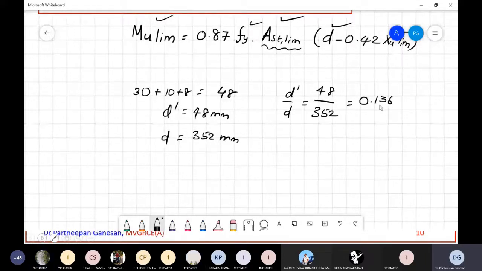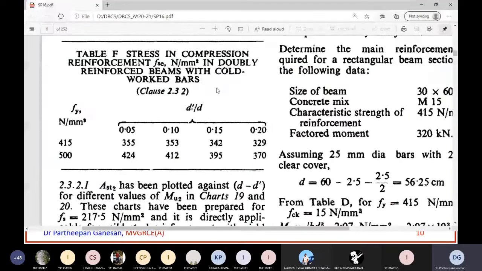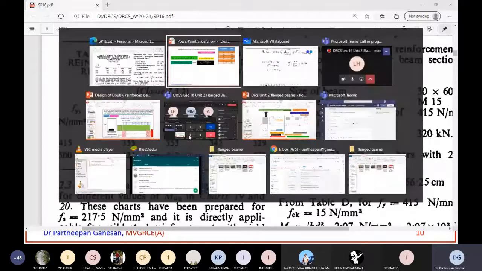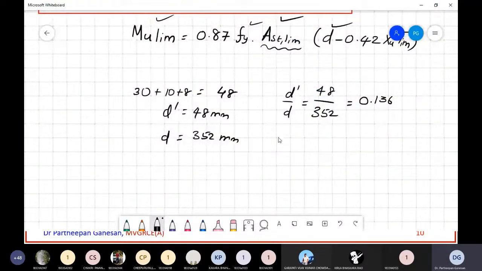Okay. Now if you see here, for d dash by d of 0.1 for Fe415, FSC is 353, and for 0.15 it is 342. As the value is increasing, your FSC value is decreasing. So for d dash by d 0.1, the FSC value is 353 Newton per millimeter square.